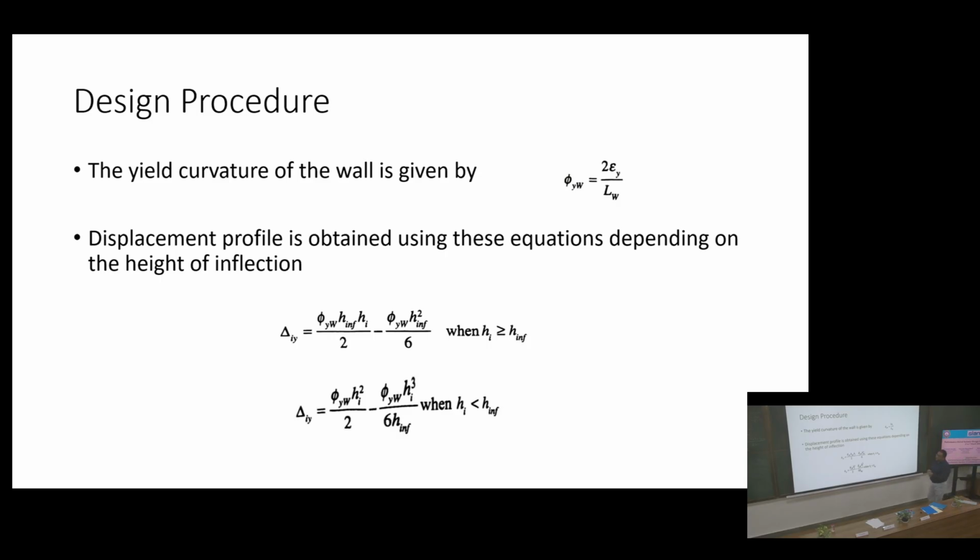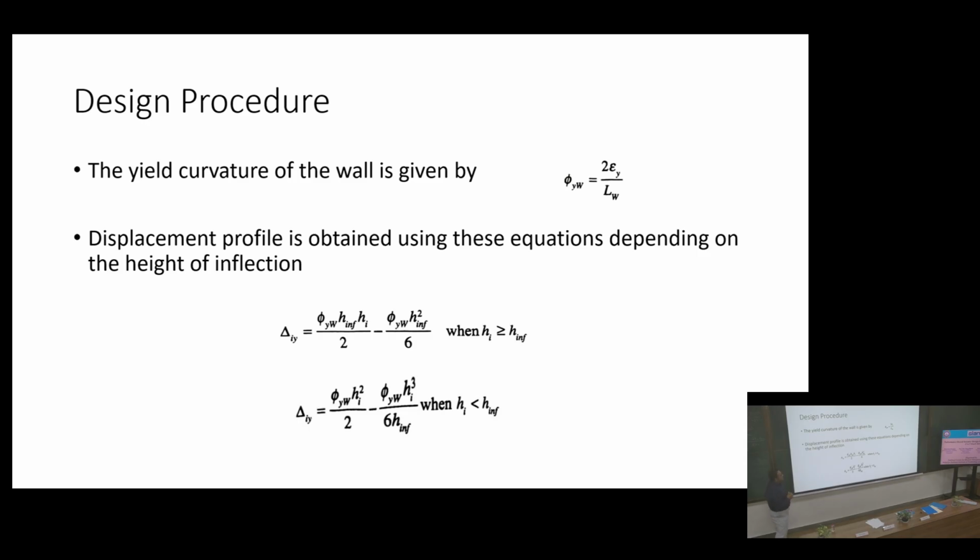So in terms of design procedure, using DDBD for dual frame structures, you have to calculate the yield curvature of the wall, which is phi sub y W. Again, 2 times the strain in the steel over the horizontal length of the wall. And then you have delta I. Remember your delta I function?